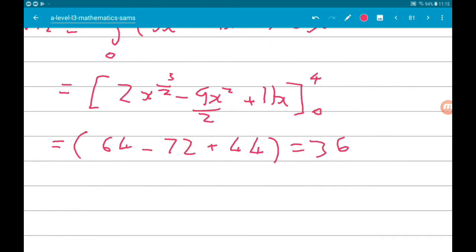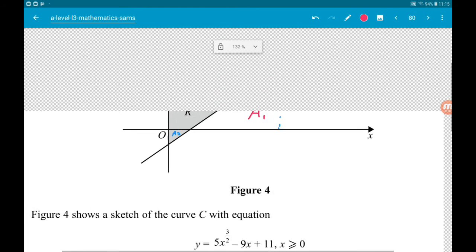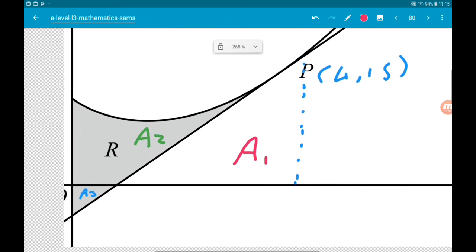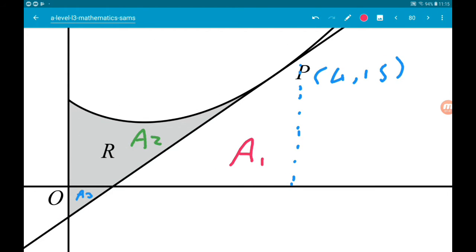So, let's just recap. What we now know then is that the area above the x-axis under the curve is 36.